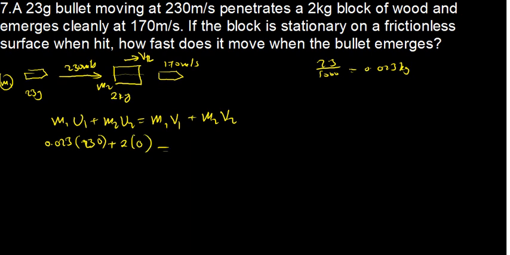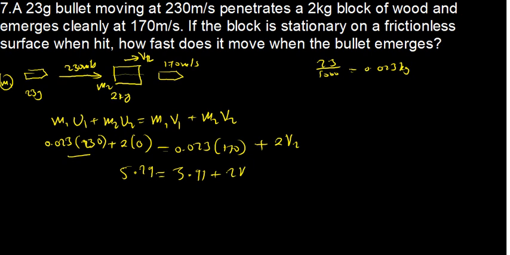That should be equal to m1, still 0.023, but the velocity at which it is now moving is 170 after passing through the mass. And then plus m2, which is 2 kg, times the velocity at which it will be moving, v2. So 0.023 multiplied by 230 gives us 5.29, and that is equal to 0.023 multiplied by 170, which gives us 3.91, and then plus 2v2.